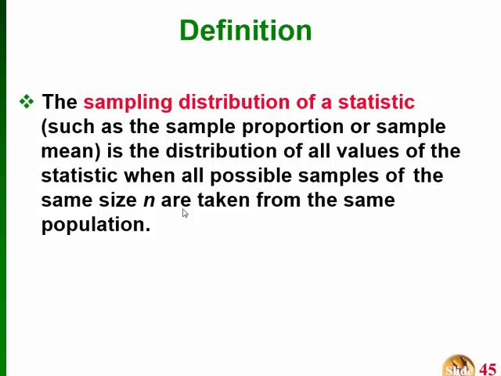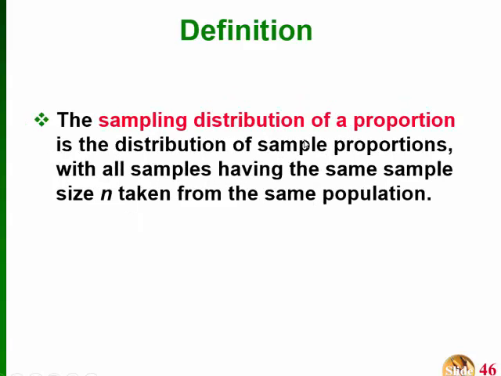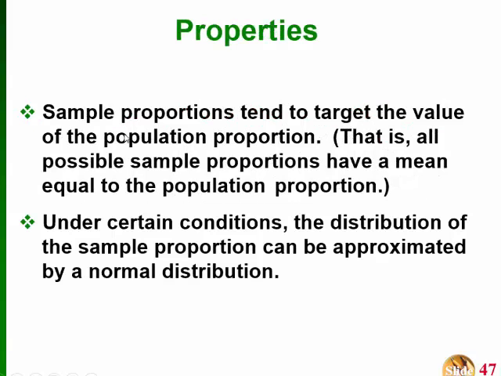So that's the idea. Now, of a statistic, so let's figure out which statistics we can use to do sampling distribution. The first one is going to be a proportion. A sampling distribution of a proportion is a distribution of sample proportions with all the samples having the same size n. The proportions tend to target the value of the population proportion.